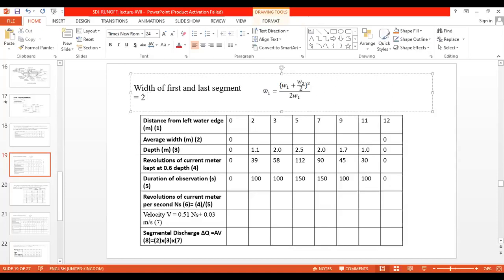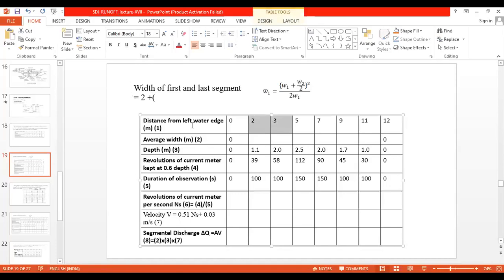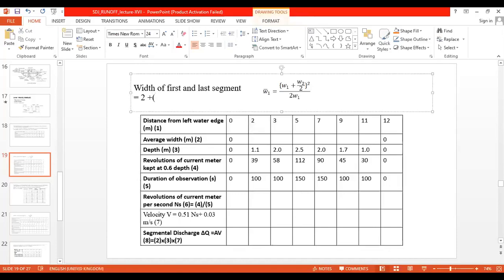Then plus नेक्स्ट कौन है, W2 यानी कि कौन कौन रहेगा, 2 और 3 के बीच में कितना है, 1 मीटर है. सो 1 बाय उसका हाफ, और A सभी का आएगा स्क्वायर, इट्स स्क्वायर अपॉन 2 times W1 यानी कि 2 आएगा. So here this will be a square. Just a minute.